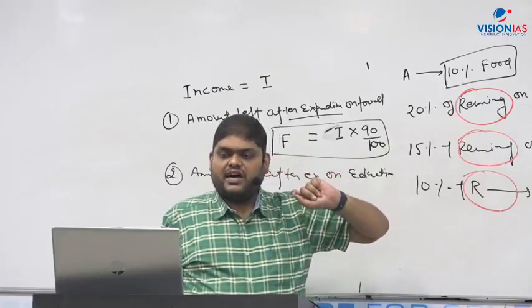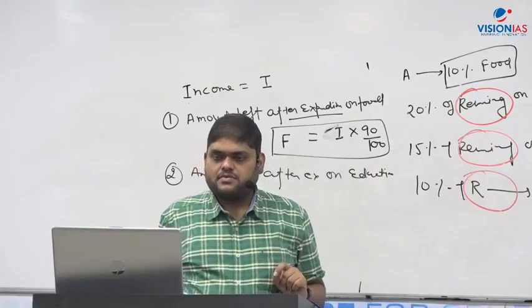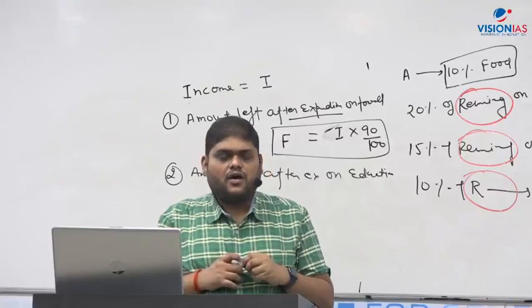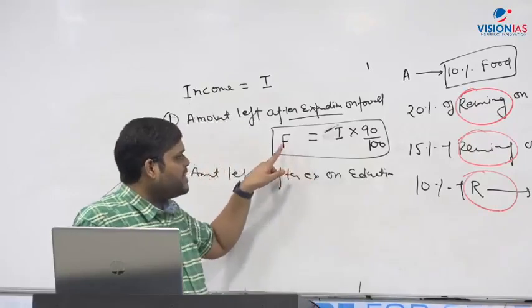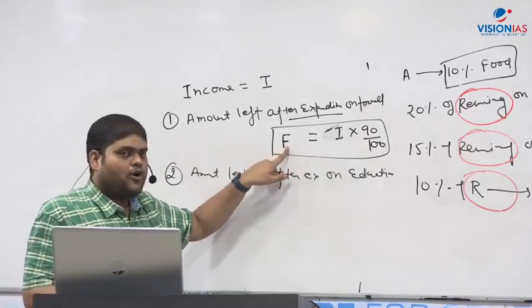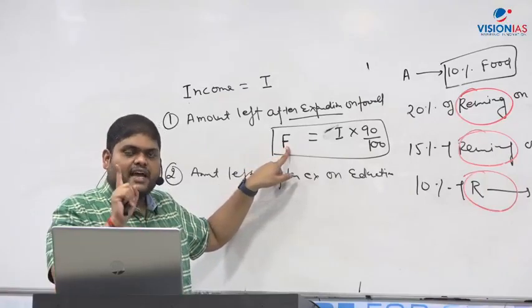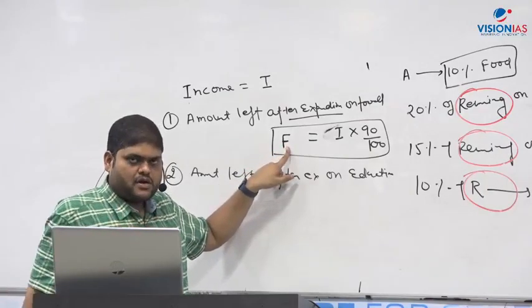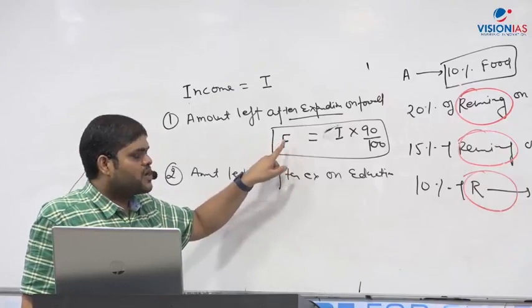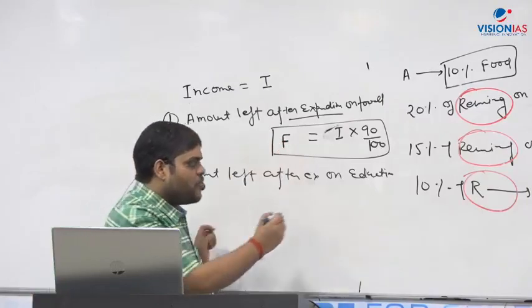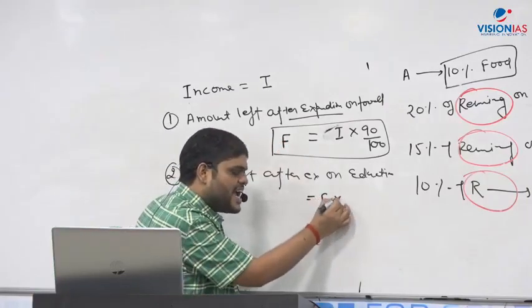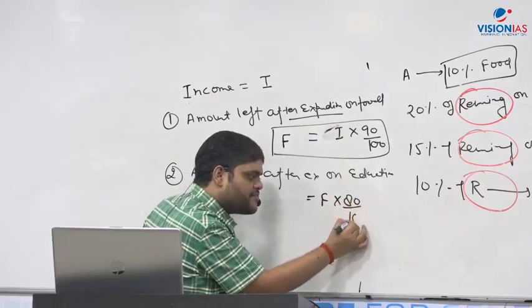What is the remaining amount? Remaining amount is F. And when you are using 20%, that means how much is left? 80% of F is left.